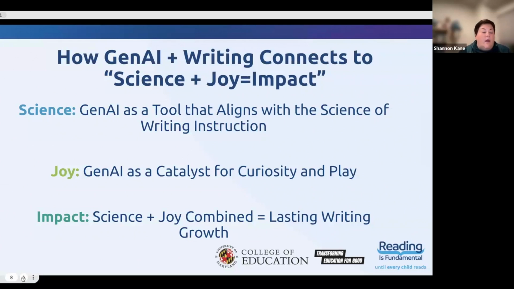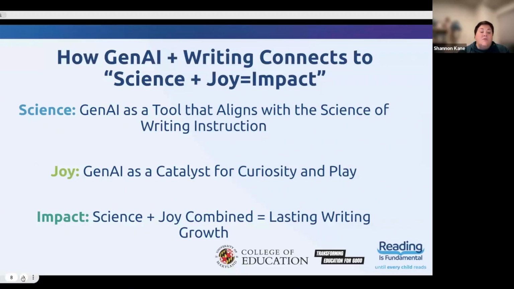This idea of joy comes from this idea of curiosity and play, right? Our students love to experiment. They love that instant feedback. And I'm sure as educators, if we could copy ourselves and sit next to every one of our writers or students and engage in those conversations and give feedback, we would, but we know that's not realistic, right?